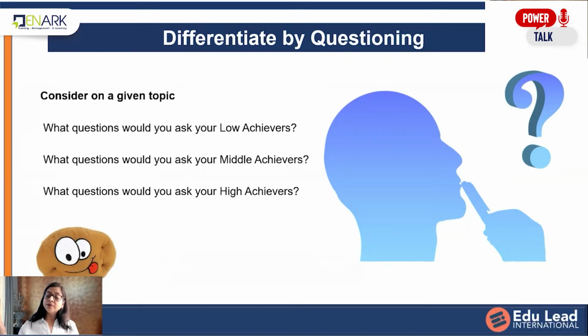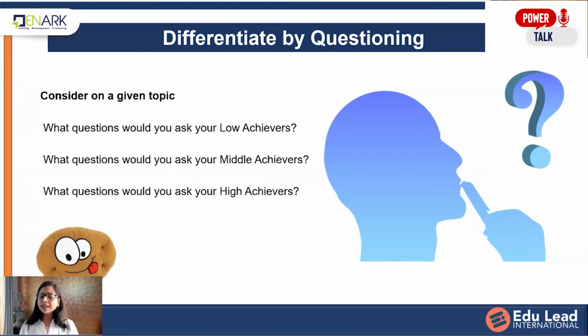And to a high achiever, you may ask questions which are of evaluative nature. So you can create a range of questions from easy to difficult, and then you can pose the questions according to the skill level of the students.